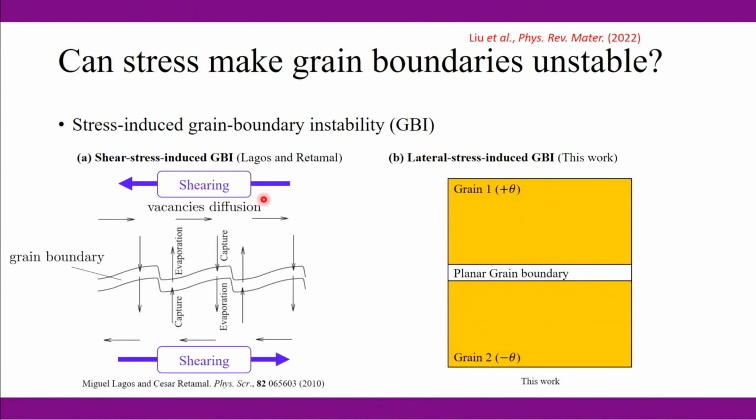That's known. But just like what Guru talked about yesterday, classical theory predicts that if you have the same grain, just rotated differently, then elastically you have the same stiffness, the same hardness, everything the same, separated by a grain boundary. Then when you compress the solid, you should not expect to see any undulation of the surface.